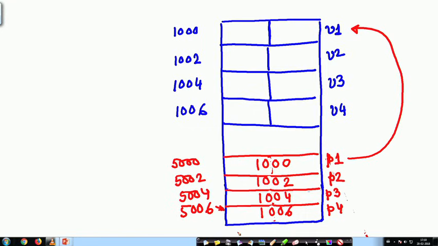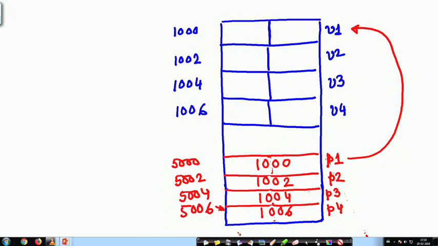So, please try to understand, when I say P1, what is P1? P1 is a pointer to an integer. Okay. So, int *P1, that means P1 is a pointer to an integer variable.